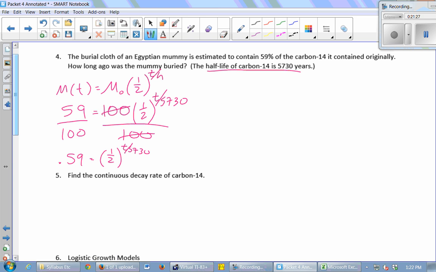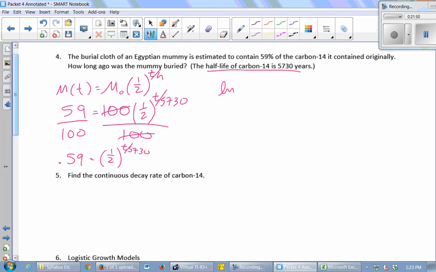All right, how do you get a variable out of an exponent? What's the inverse of an exponential? Logarithm. Yeah, you take the ln of both sides.